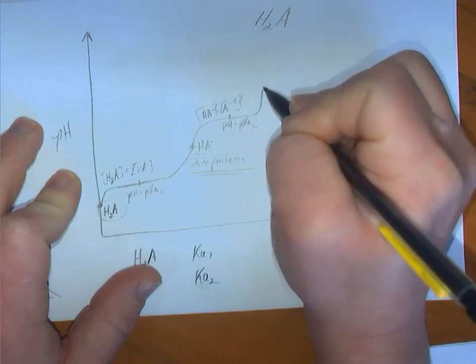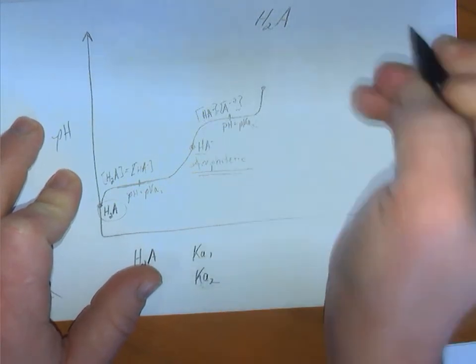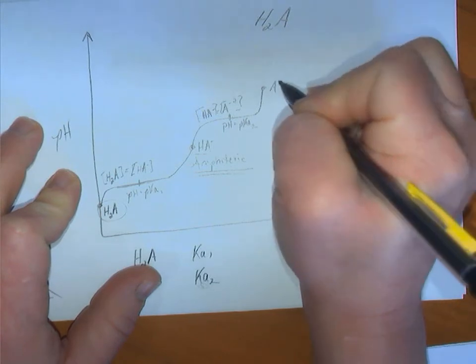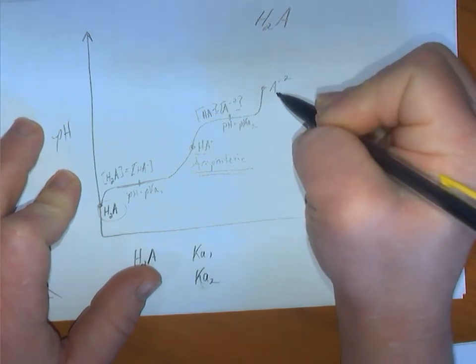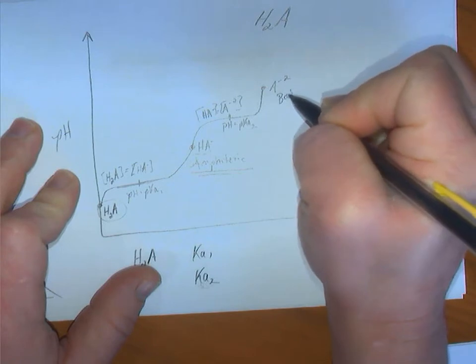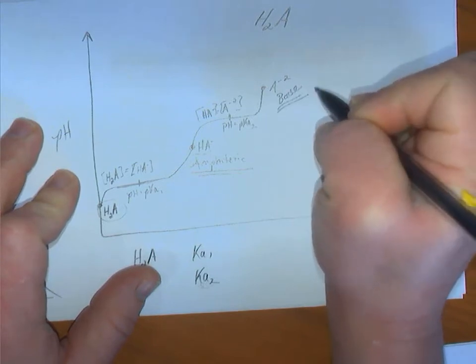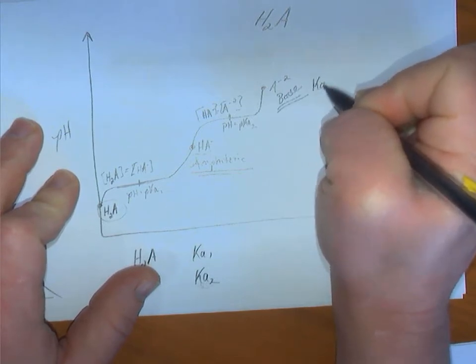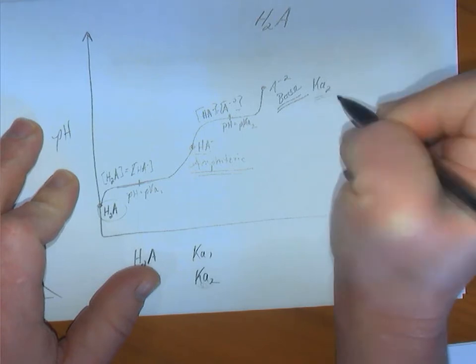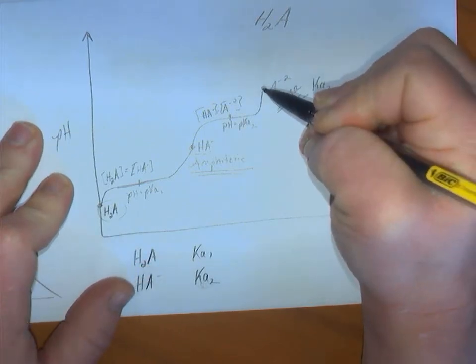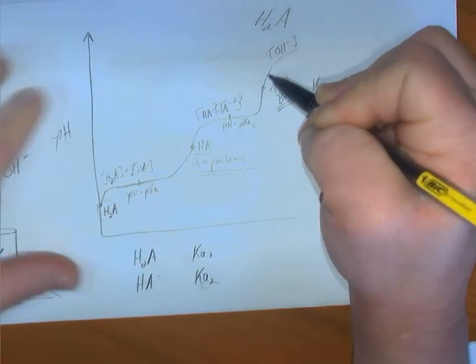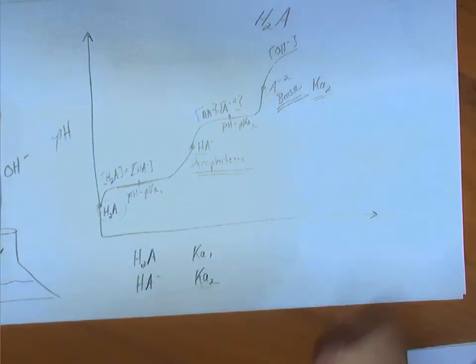Eventually, we'll react all of that acid away and we'll just have the A-2. This is not amphoteric. This is base only. So to deal with it, we'll have to handle the calculations with Kb2. But then beyond that, we'll just have the hydroxide remaining that will dictate the pH for us.